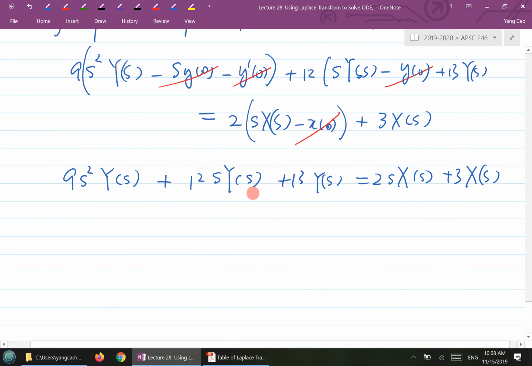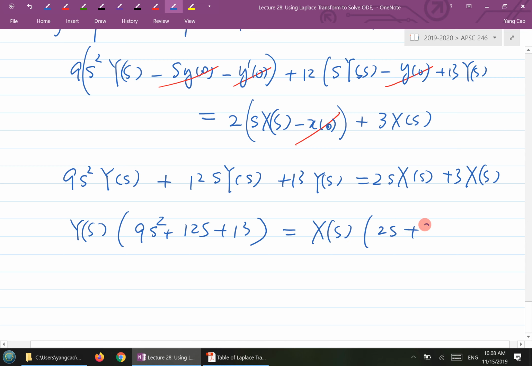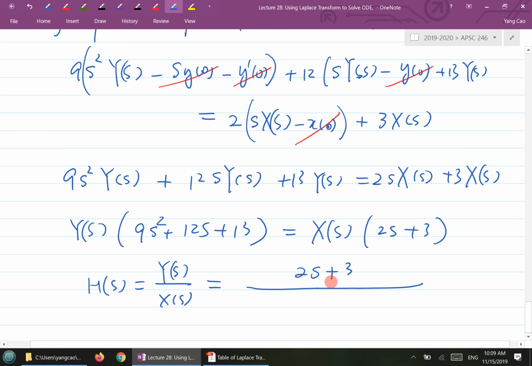So from here, we take Y(s) as a common term, X(s) as a common term, and now you find the ratio between the output and input, which is this.